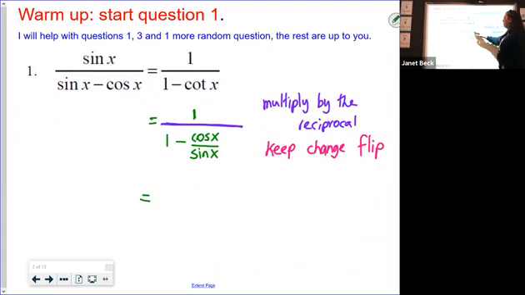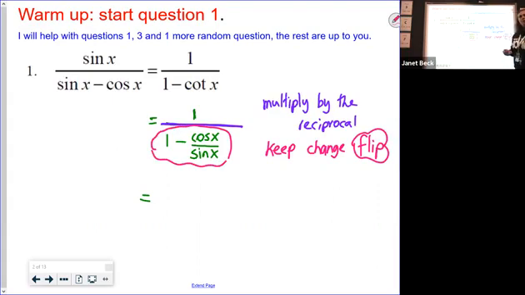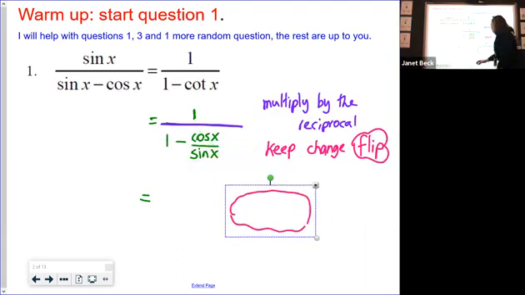We're going to change that division into multiplication, and then we're going to have to flip the denominator. So we have to flip that upside down. But can you see at the moment, we can't flip it upside down. To flip something upside down, this has to be one fraction. And it's something minus a fraction. These two terms here have to be brought together over a common denominator so I can flip them upside down and create the reciprocal.